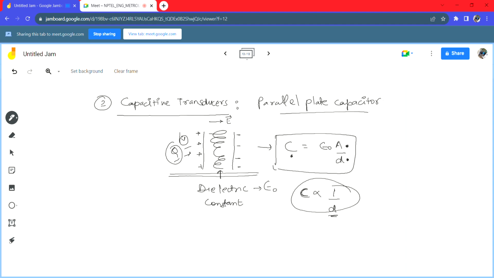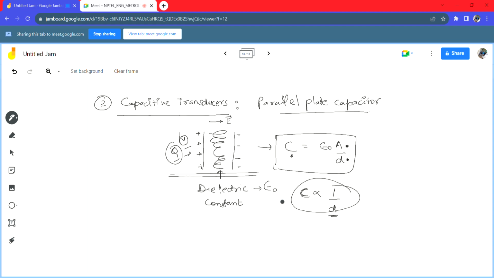While in the resistance we said that resistance was directly proportional to the length L, what we are saying here is that if the distance D between the two plates of a parallel plate capacitor is D, then the capacitance is inversely proportional to this distance D. So if we reduce this distance D, the capacitance will go on to increase, and if we increase this distance D, the capacitance will be reducing.